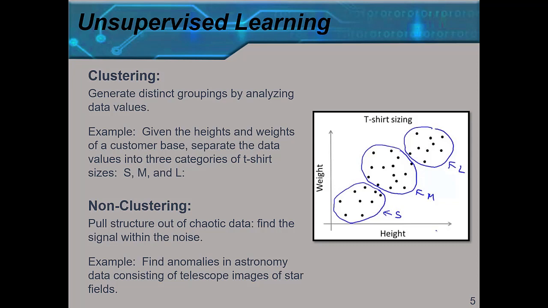Humans may not even be able to detect it looking at the data, but the machine learning algorithm can notice patterns that we can't see. In astronomy's case, you have giant data sets of star information from telescopes. What it can do is actually pull out anomalies from that star data.